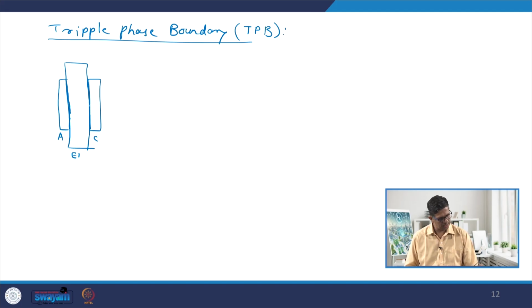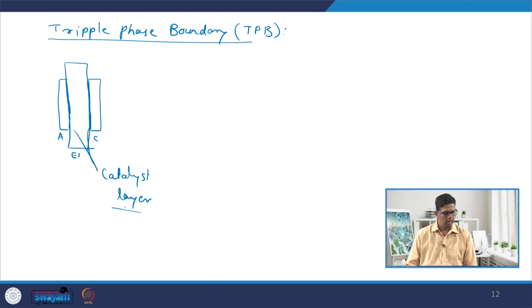This is our catalyst layer. Since all the reactions take place at these catalyst layers, it is very important to understand what is the chemistry behind getting those reactions at these layers.